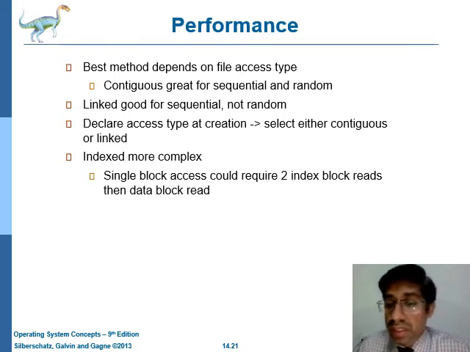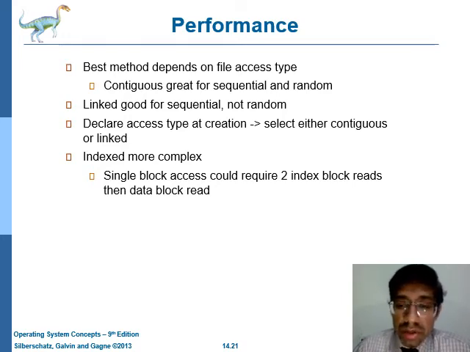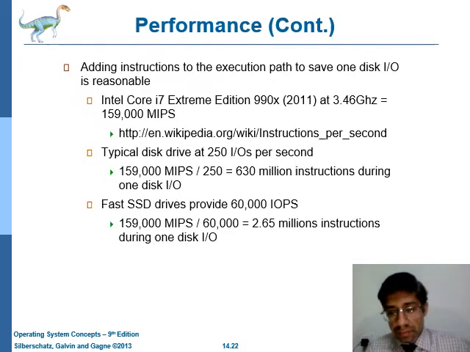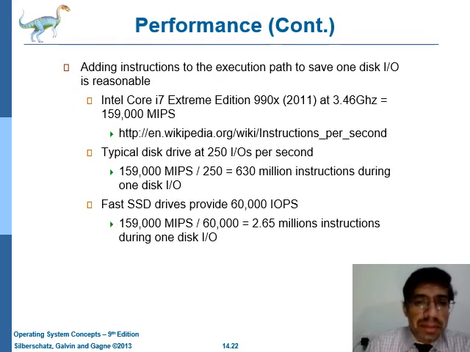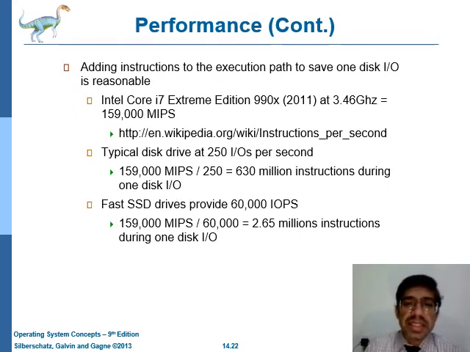That means in order to reach the data block, you will have to perform two read operations before reading the actual data, and these two read operations read the index block addresses. So in order to avoid this, you can add certain instructions to the execution path so that you could avoid one step of input-output activity, which could be reasonable.